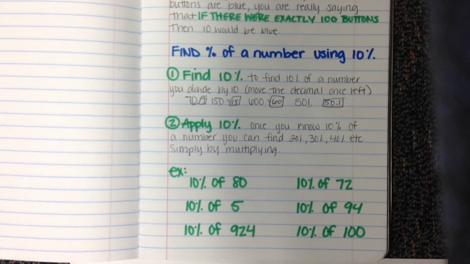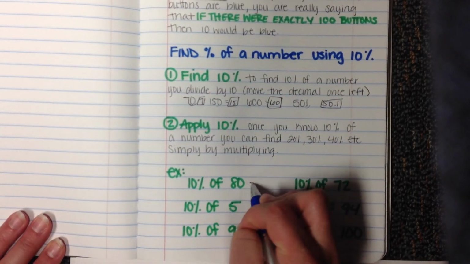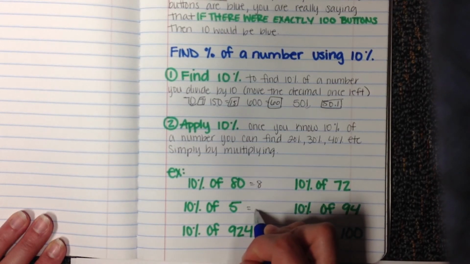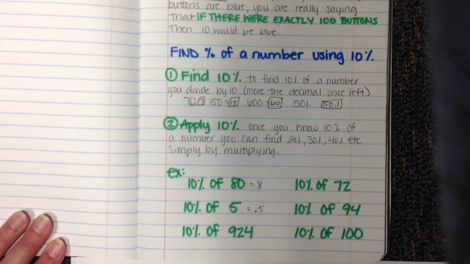Let's look at a few more examples of 10% of a number. I want you to try these on your own, and once you're finished, I want you to look and see if you got what I got. 10% of 80 is 8. I moved my decimal once. 10% of 5 is 0.5 or 5/10.